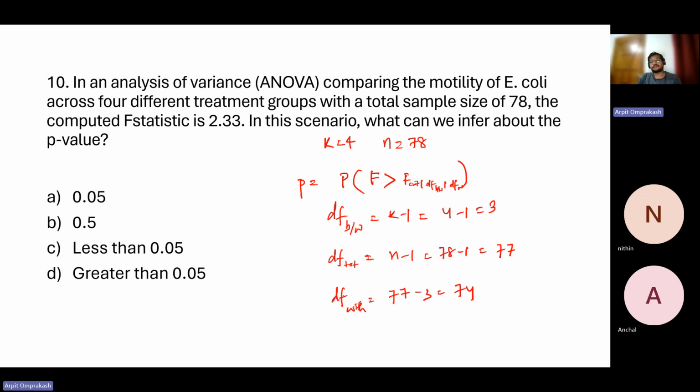So we have degrees of freedom within as 74, degrees of freedom between as 3, and we are asked to infer about the p-value, right? So what we'll do is we'll look at a table.